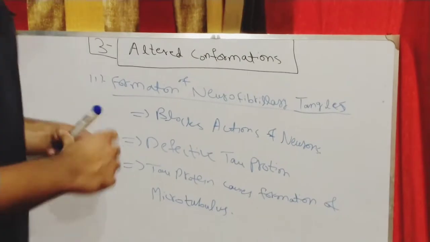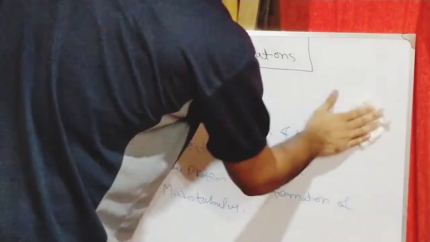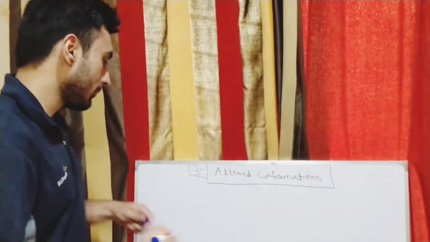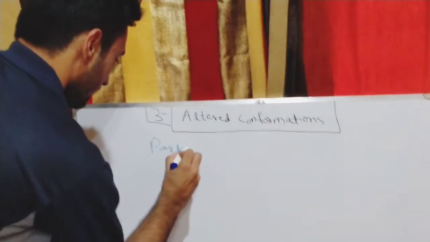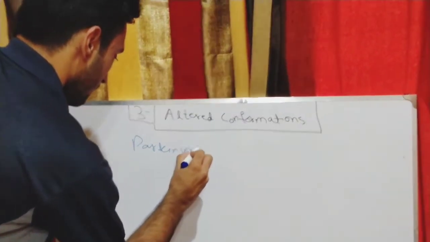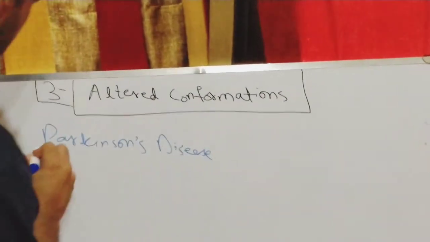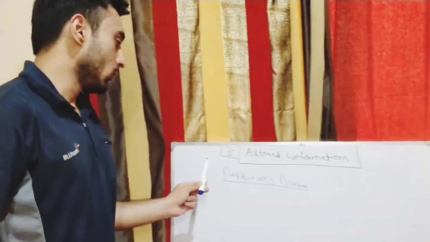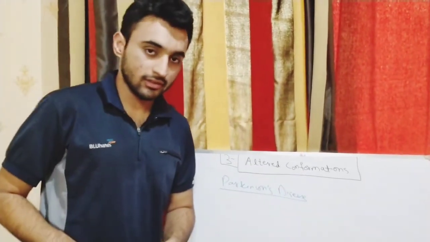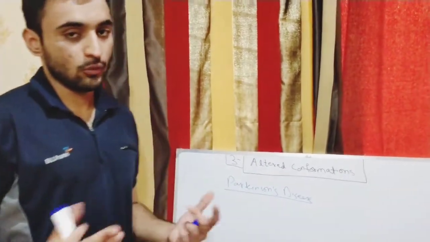Now talking about the Parkinson disease. Parkinson disease is also a disease related to the brain, in which abnormal electrical discharges occur, and which affect the normal functioning of the body.